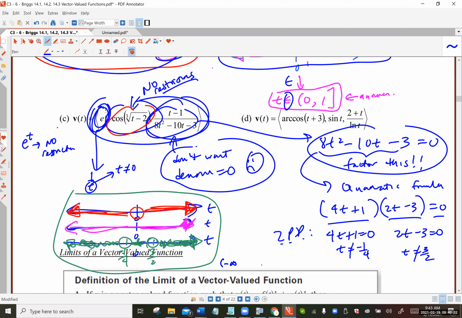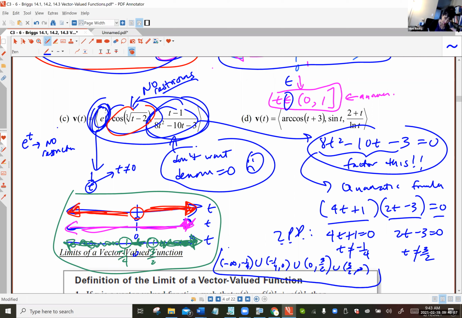And then union, with a big U, -1/4 to 0, both with parentheses. Union 0 to 3/2. Union 3/2 to infinity. Very good. That would be the final answer. That's a domain. That's the intersection of all 3 sets. Those are the values of t that would be pinkish, reddish, greenish, all at the same time. I don't know if you can imagine that for yourselves, but I hope.